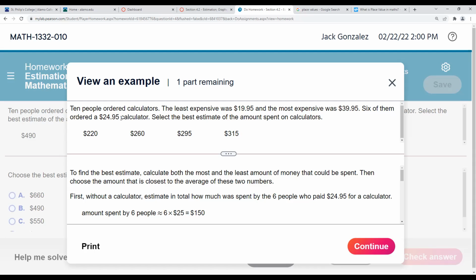The least expensive was $19.95, and the most expensive $39.95.